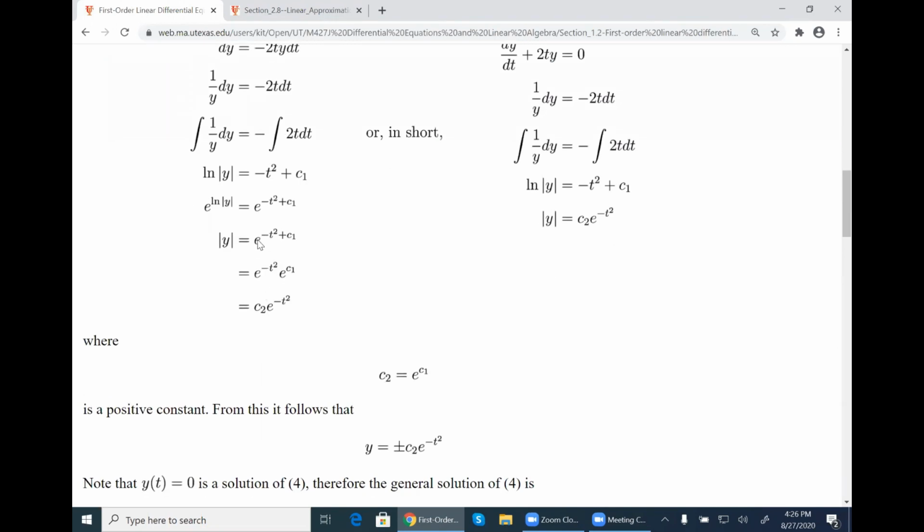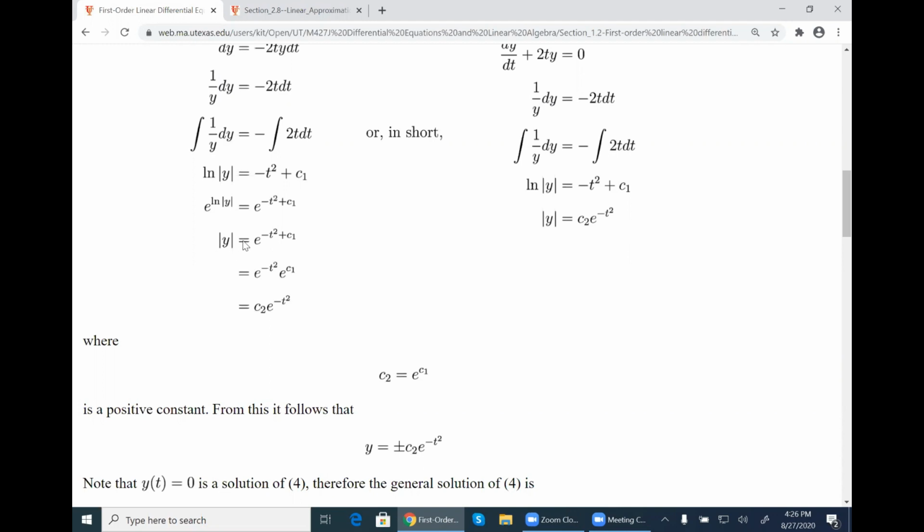Next step, we rewrite this as the product of two expressions. And if we denote e to c1 by c2, we get the following. Absolute value of y is equal to c2 e to negative t squared. Next step.